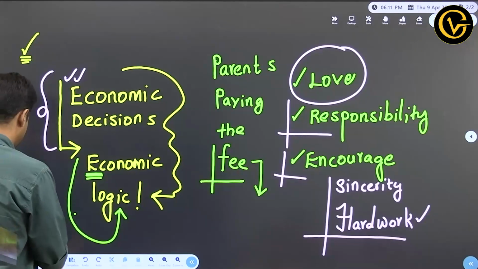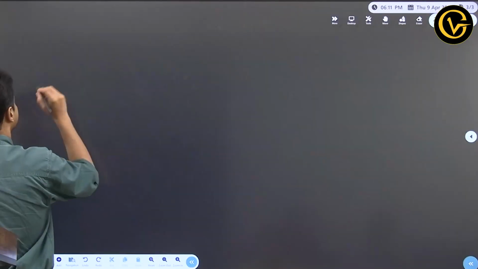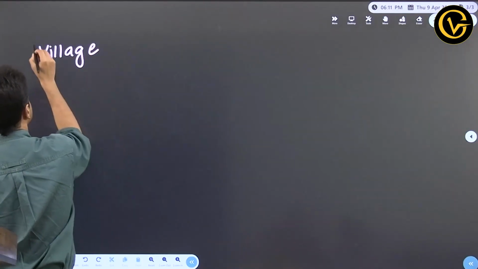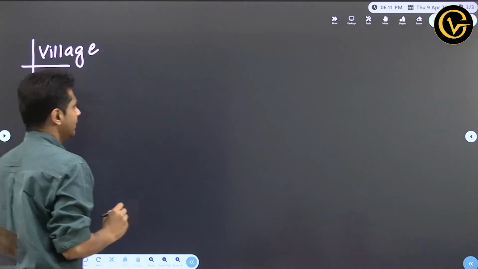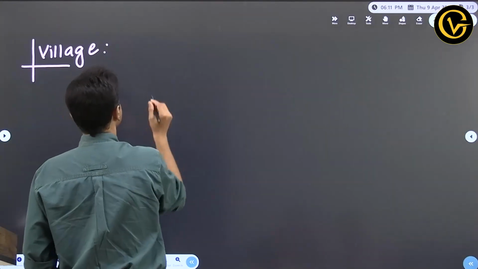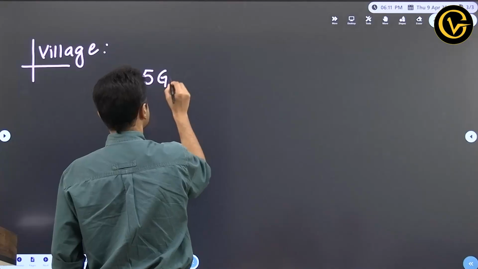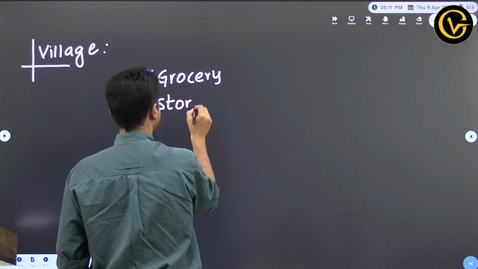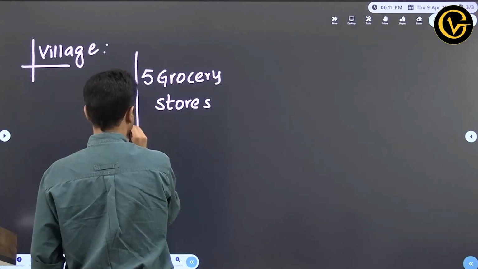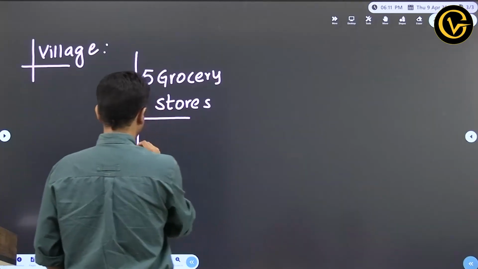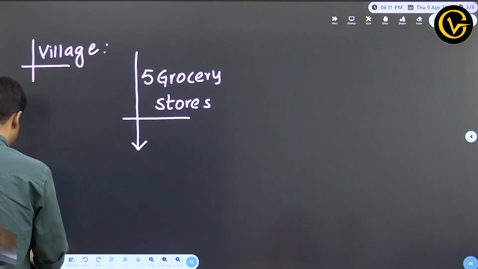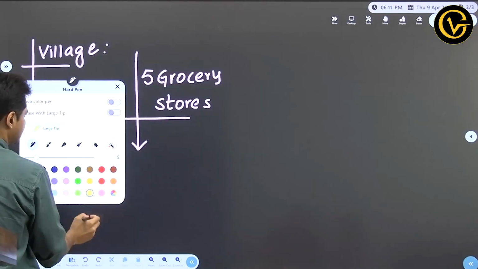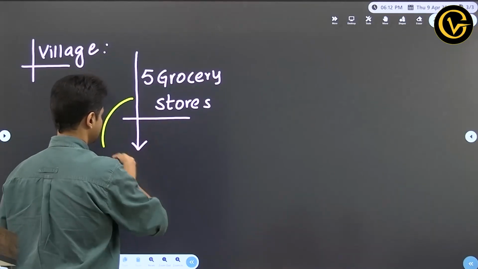Now, let me ask another simple question. Let's say you are a resident of a village, and in this village, let's say there are 5 grocery stores. And you all very well know that in our Telugu states, generally, not every time, which caste popularly runs the grocery stores?